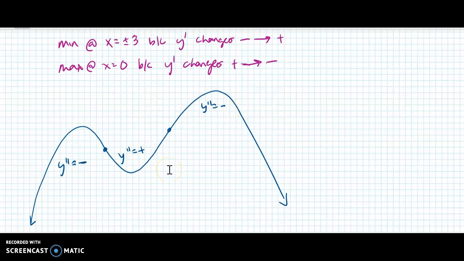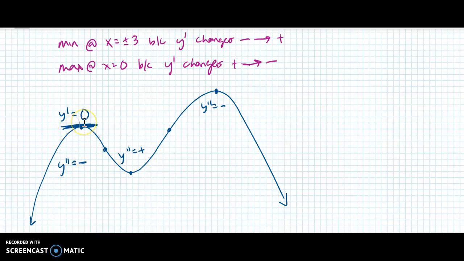Now, I want you to next identify where there are mins and maxes on this graph. Well, we got one here, and we got one here, and we got one here. Let's draw the tangent line there. What do I know y prime is here? Well, the first derivative is 0. I should maybe back up a little bit. Our plan here is to use the second derivative to find mins and maxes.